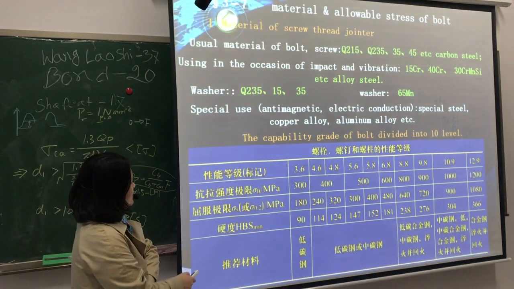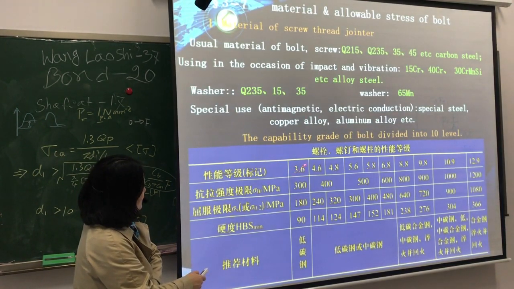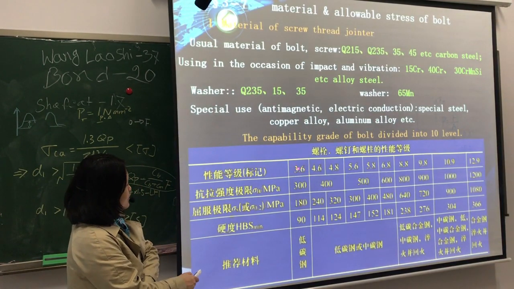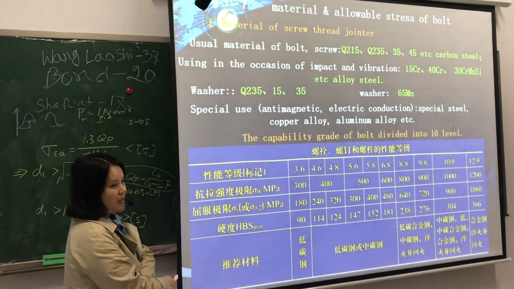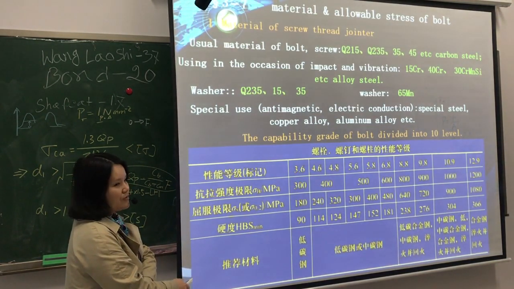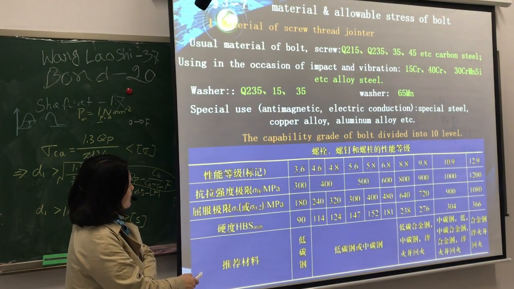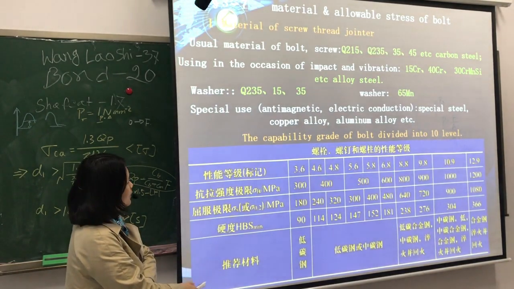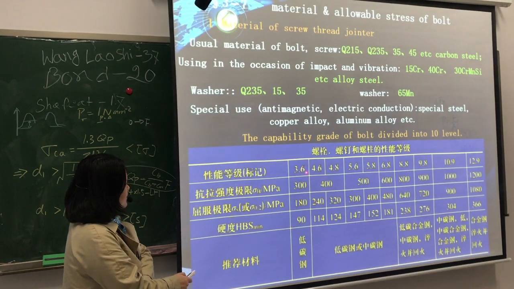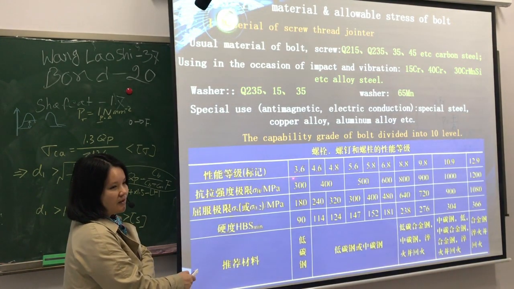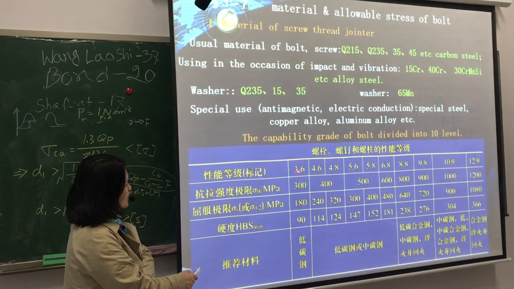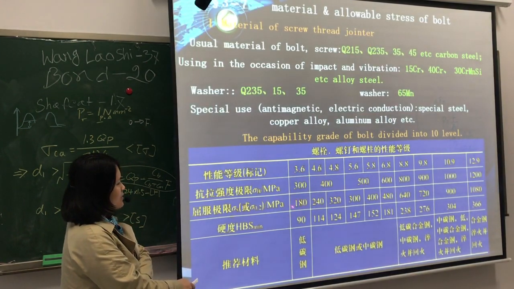For 3.6, 3 means the tensile stress is 300. 4.6 means the tensile stress is 400, and the number 6 means 6 times 3 is 18, which means the yield stress sigma s is 180.